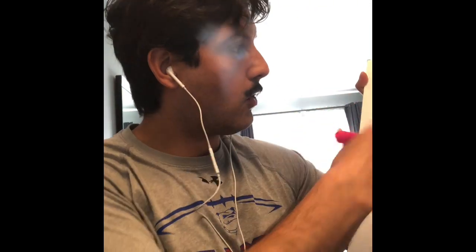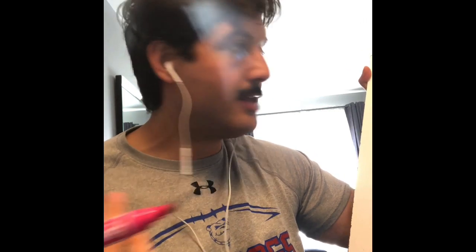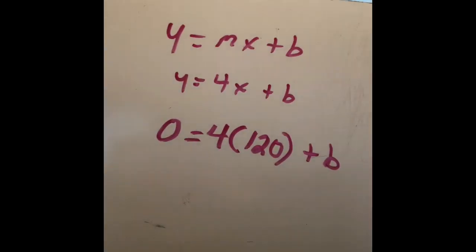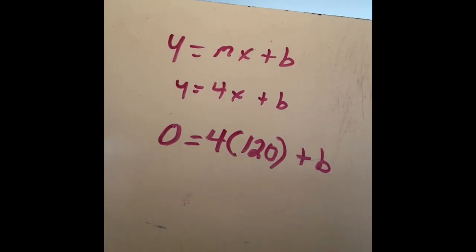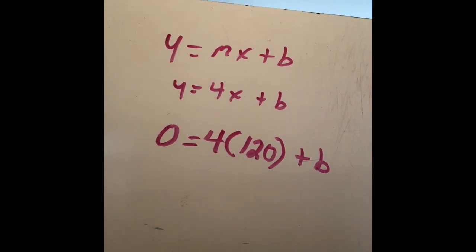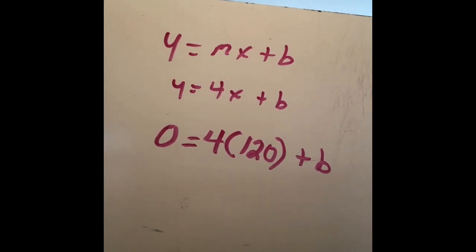Now, to solve for b, you need a point. So any point that is on the line, you've got x and y, and you can solve for b. So one of the points is 120 pairs and break even. So 0 equals 4 times 120 plus b. I just subbed in the point, 120 for my mittens sold and 0 for my profit.